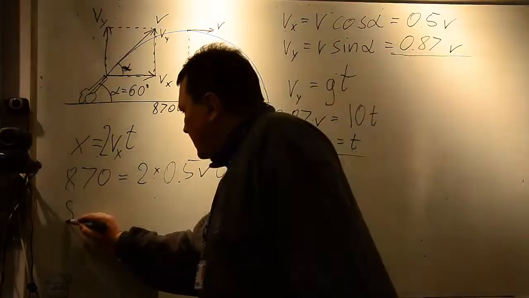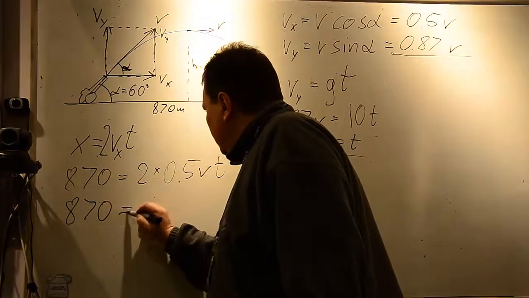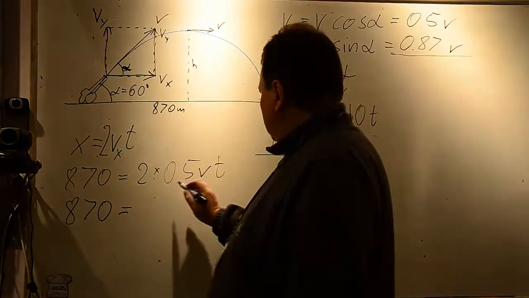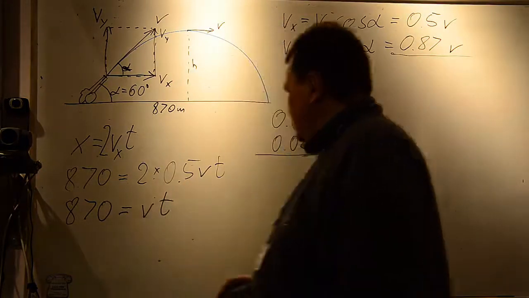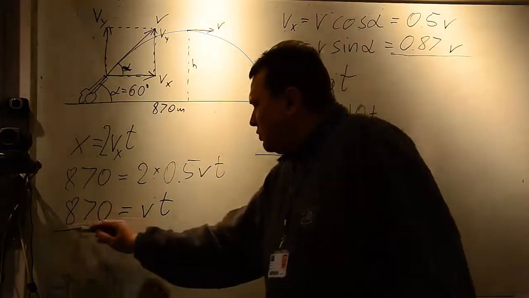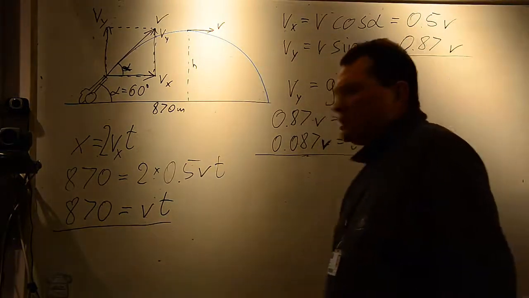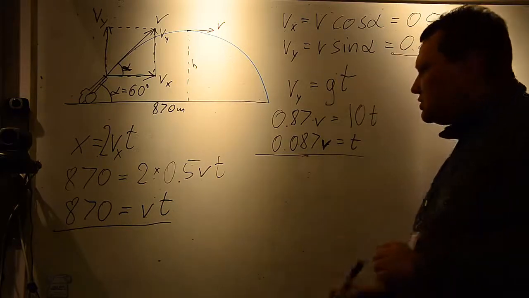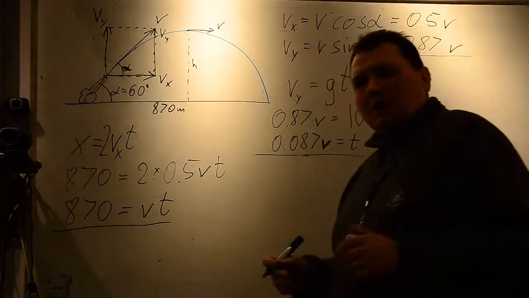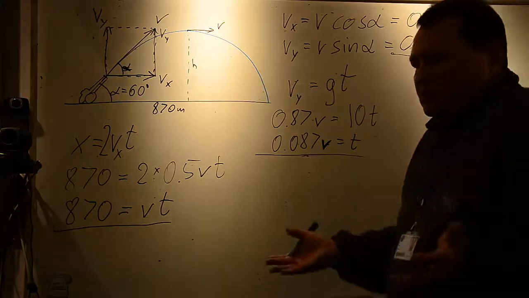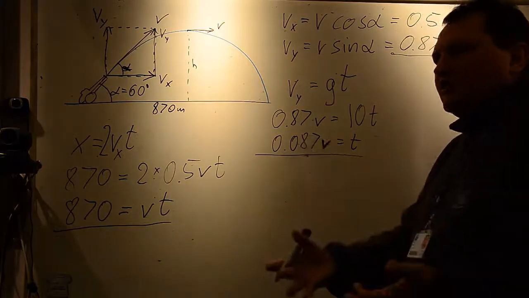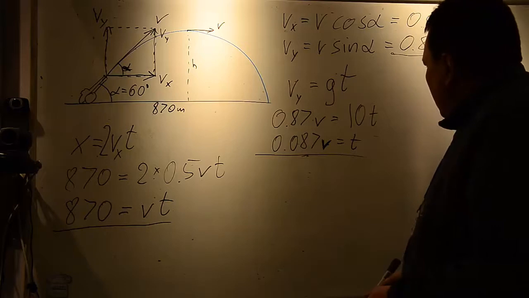So we get 870 equals vt. And now we have two formulas. One is here, the other is here. Two simple formulas, two unknowns. With two unknowns and two formulas, we can find the two unknowns.